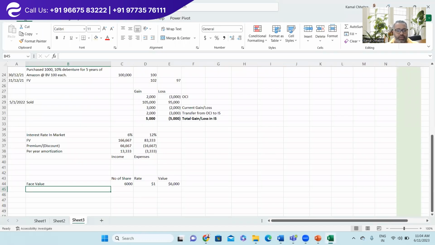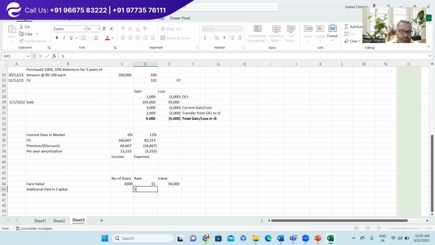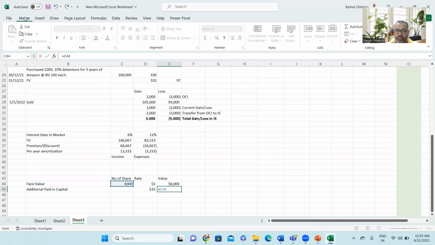That will go in additional paid in capital. For how much? $35. Originally they issued at 36, so 35 will be your additional paid in capital. This one is 2001.